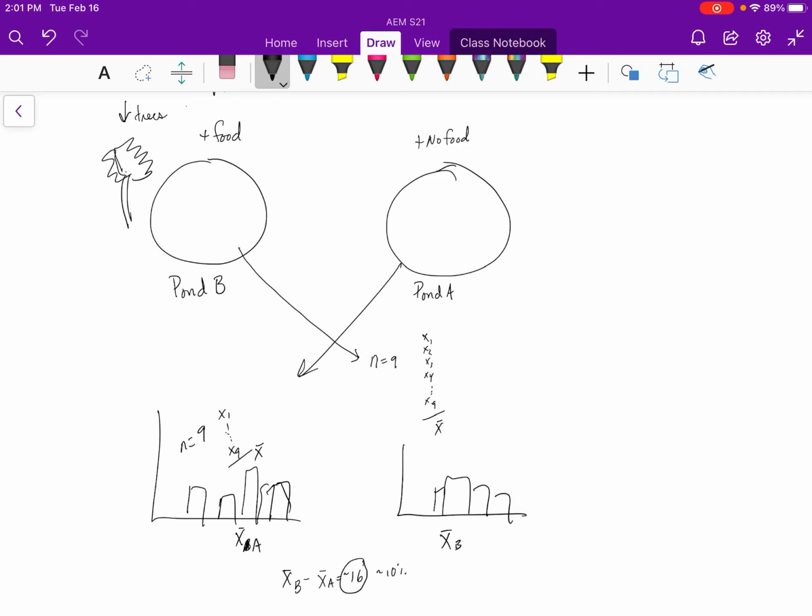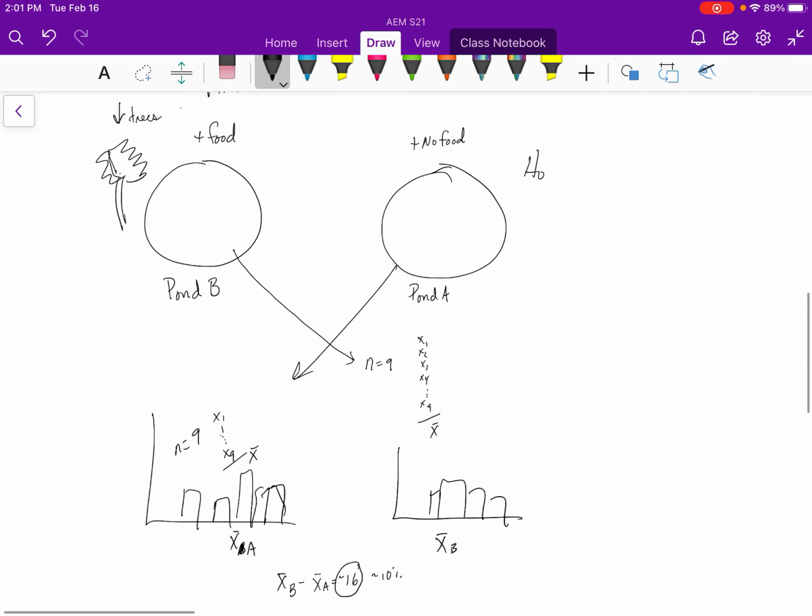We can't really answer that question exactly, but what we can do is set up a null and an alternative. There are two possibilities here. One possibility is that the difference in fish sizes, in fish weight, x bar, is due to the added fruit.